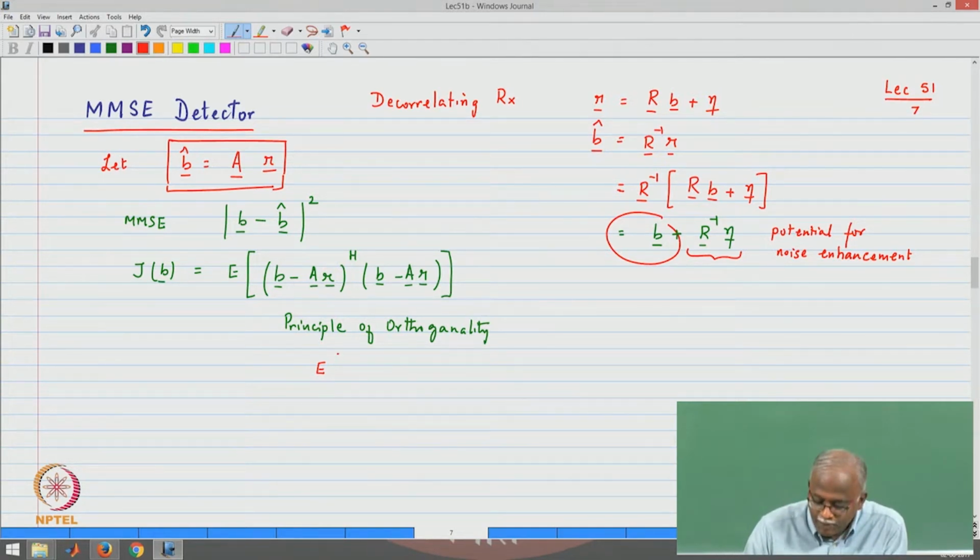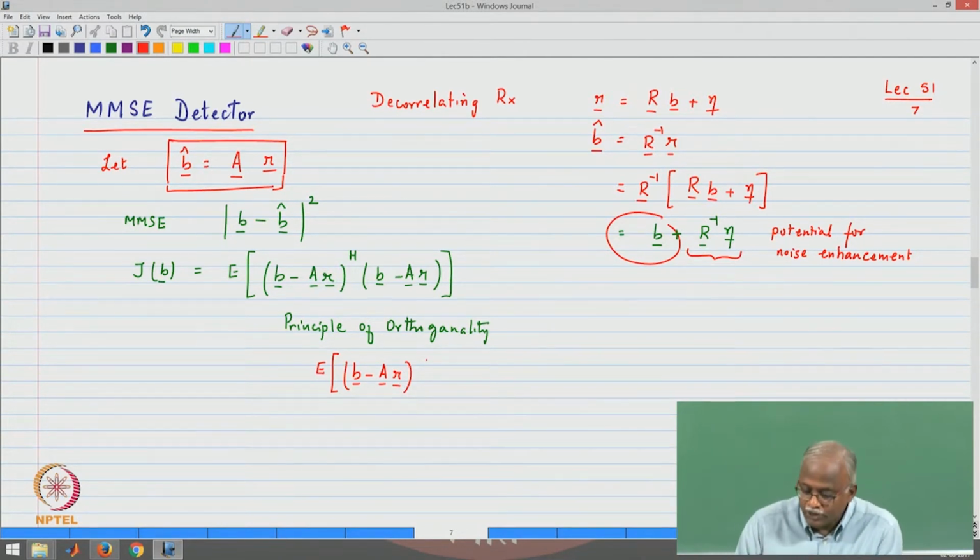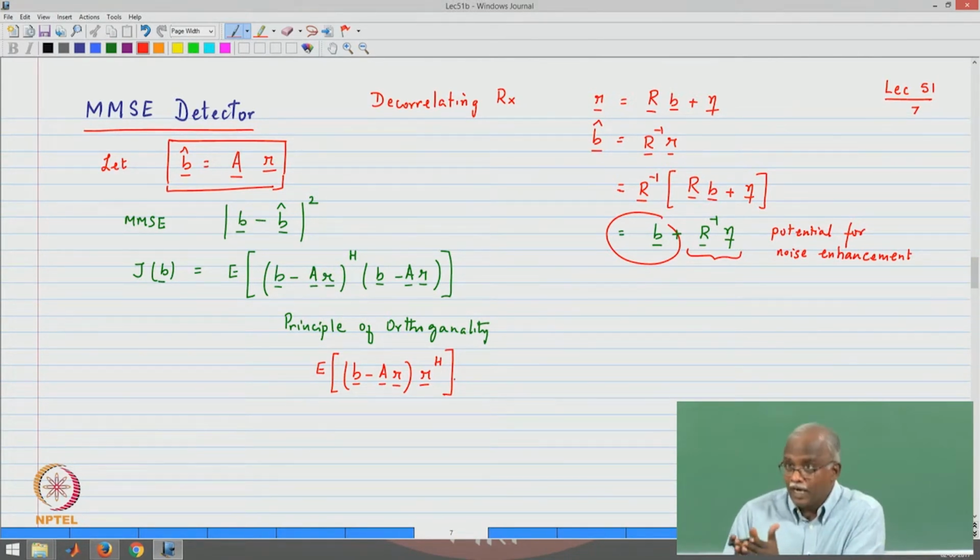So, the expected value of the error, B minus AR, is the error, and this will be orthogonal to the input vector R. So, the orthogonality condition is given by error orthogonal to R, where R can be thought of as the components of the best approximation, and AR being the best approximation of the received vector.